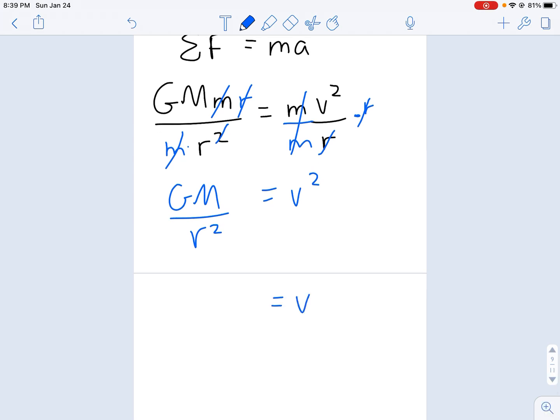And if we take the square root of each side, we say that the velocity of that orbiting, sorry, I made a mistake here.